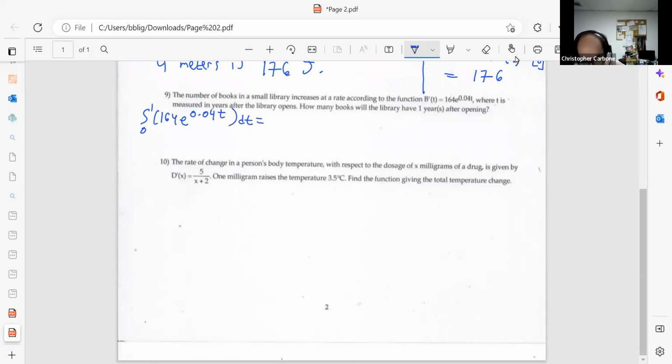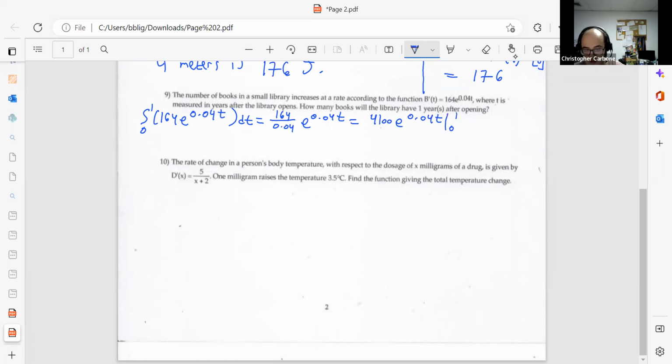And this would be 164 divided by 0.04 times e to the 0.04t. And that is 4,100 times e to the 0.04t.